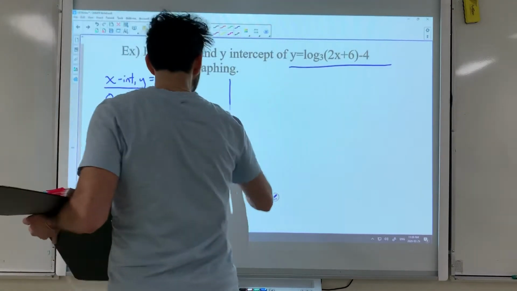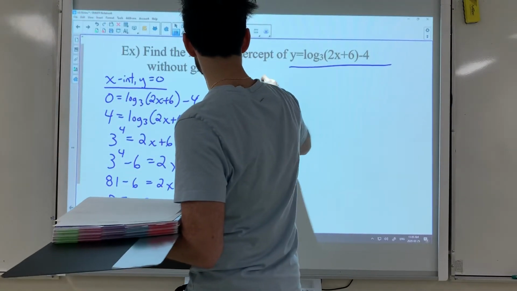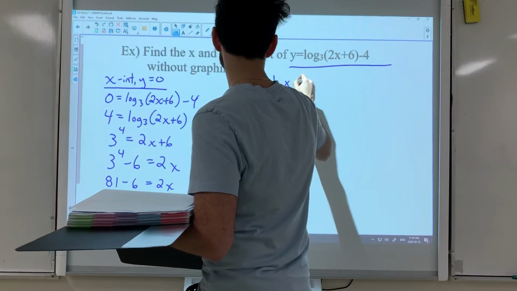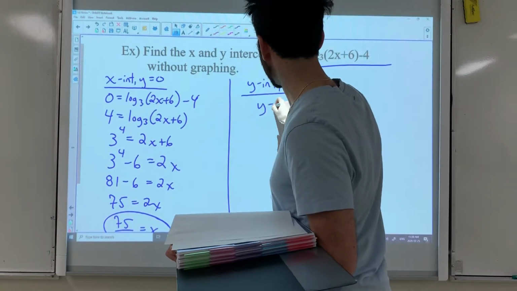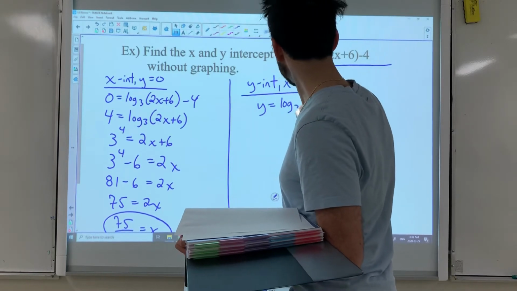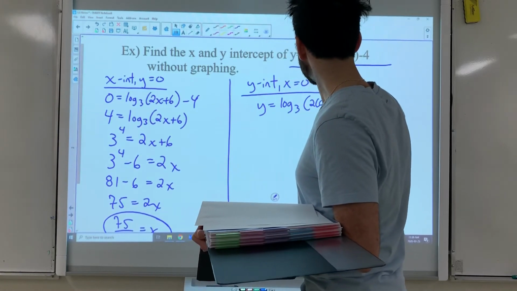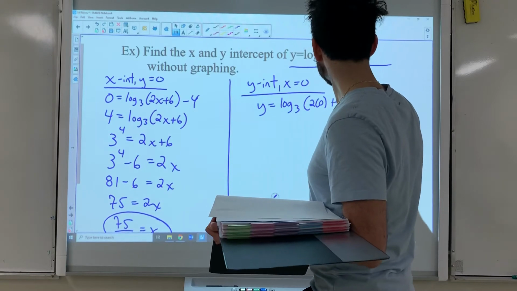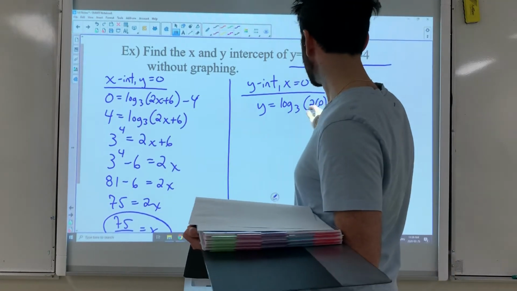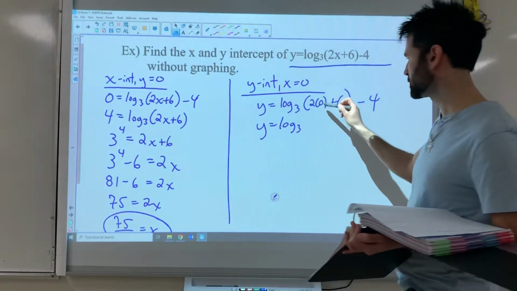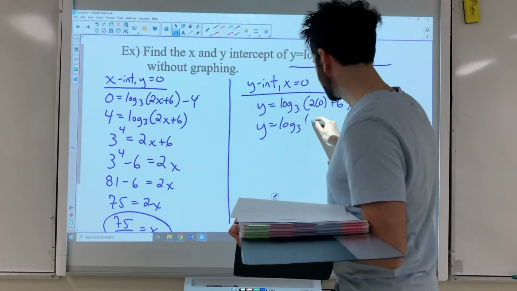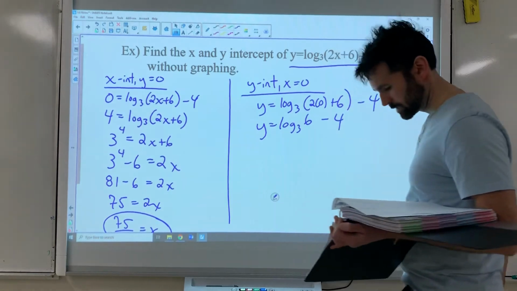Well, what about the y-intercept? So y-intercept means that x equals 0. Now let's see what happens when we pop in x equals 0 here. So y equals log base 3 of 2 times 0 plus 6, subtract 4. Well, 2 times 0 is 0 plus 6, so you get that there.